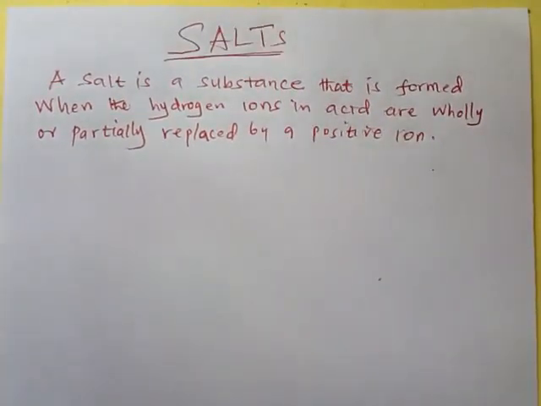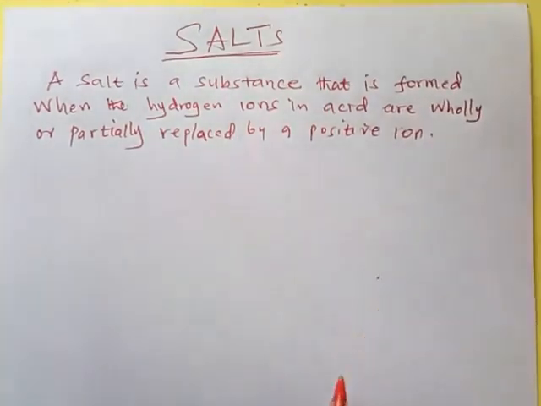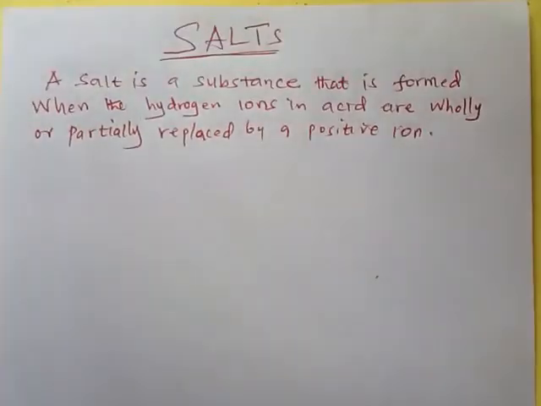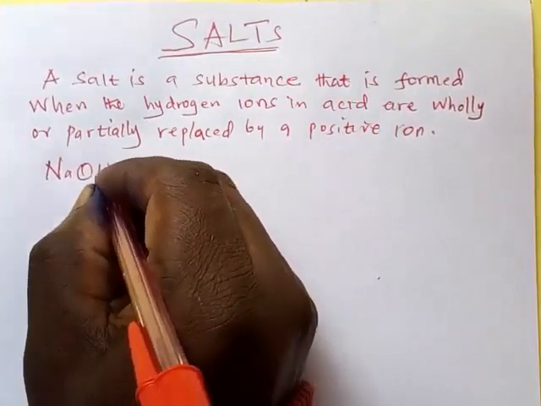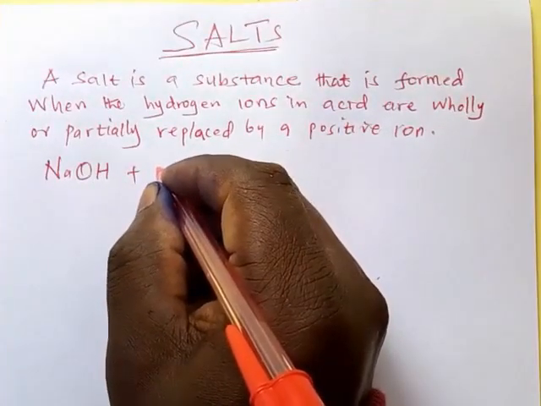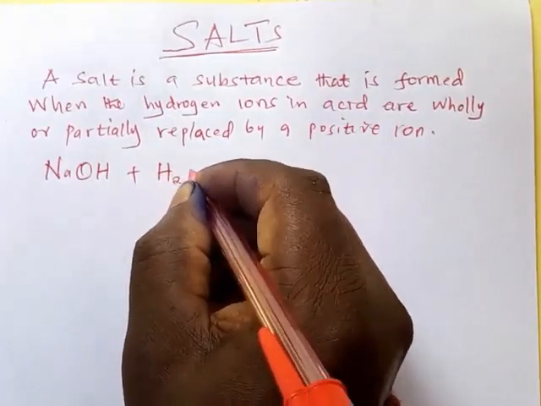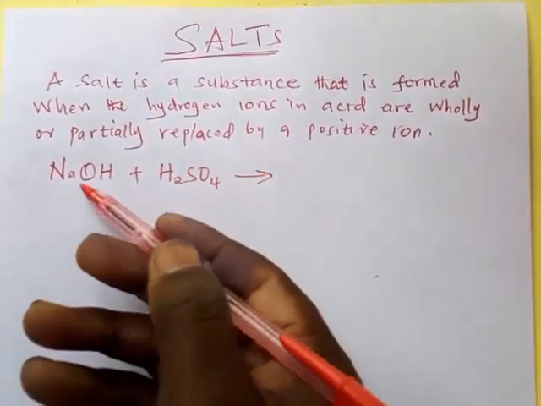So somebody could be wondering, what does this mean? Let me give you an example of what a salt is. Take an example of a reaction between a base and an acid. For example, sodium hydroxide plus, let me take sulfuric acid. This is a base plus an acid.